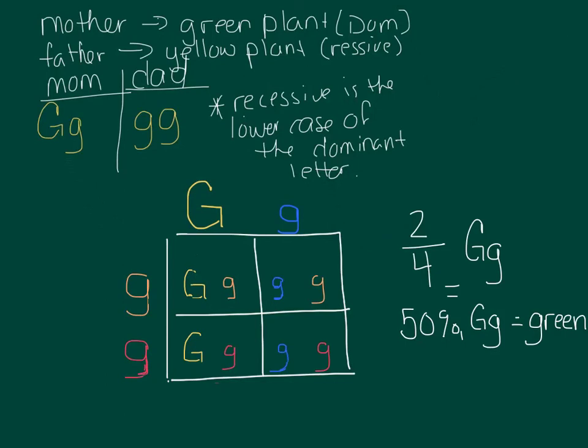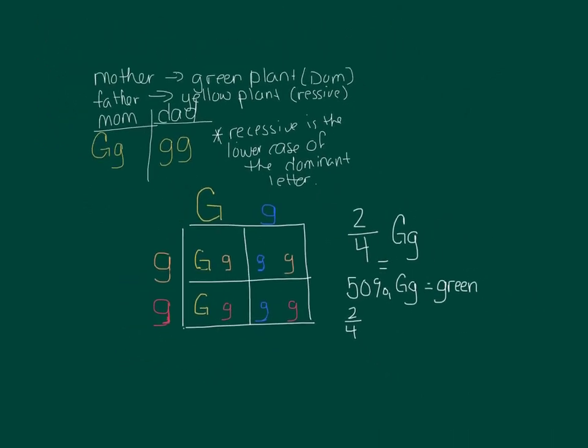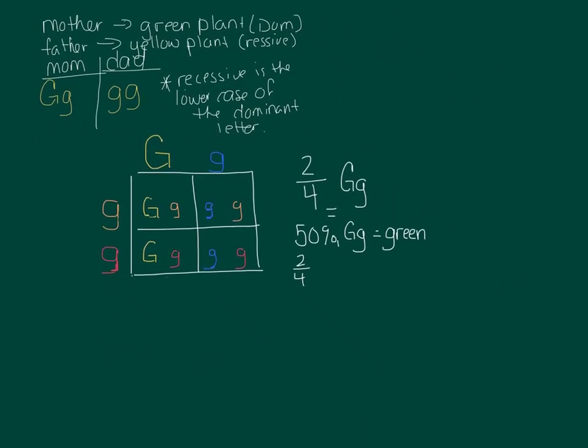I also have 2 out of 4 little g, little g, which equals 50%, because 2 divided by 4 is 50%.